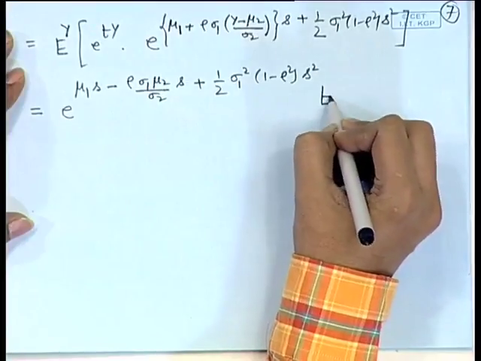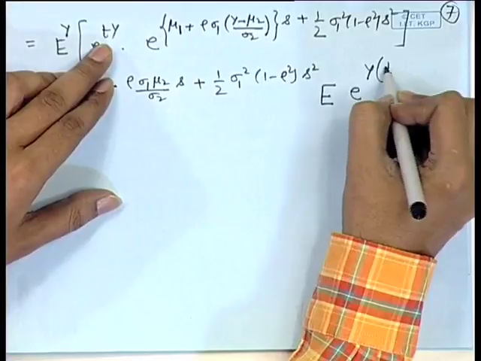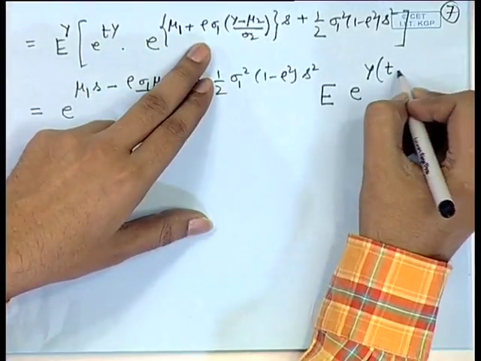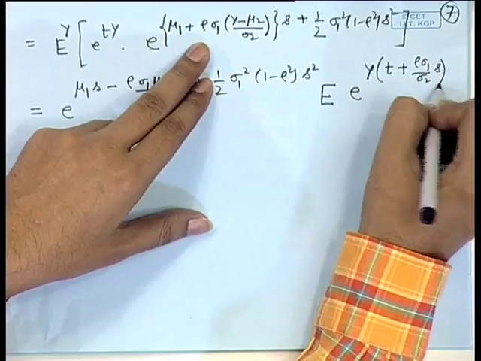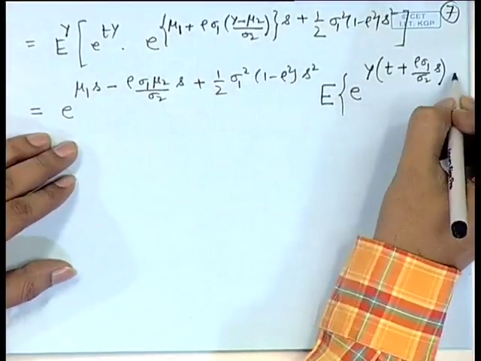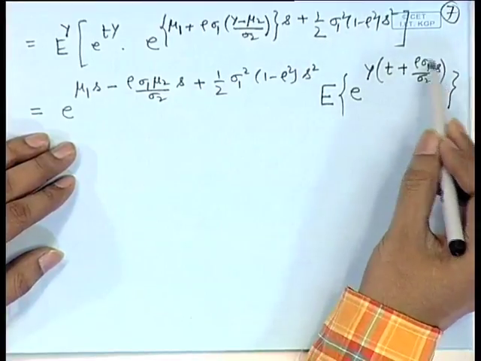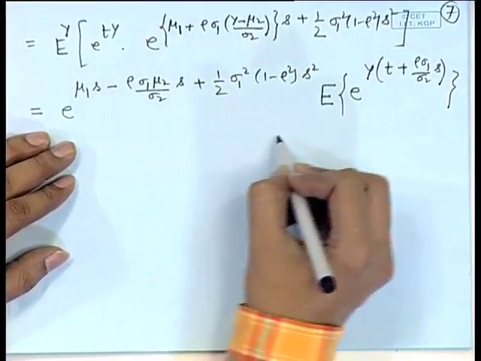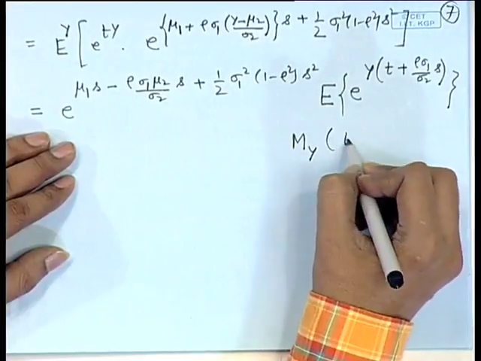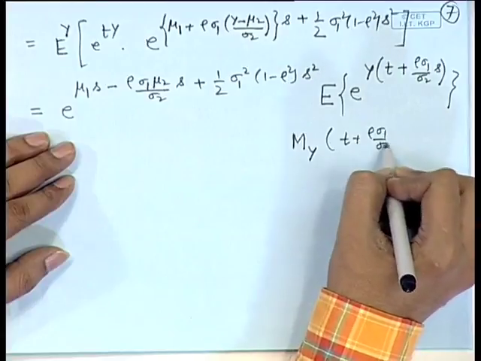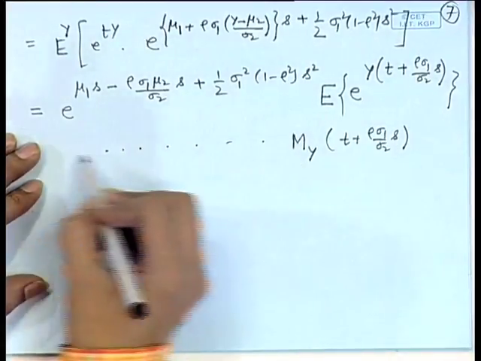We have the expectation of e to the power y times t plus rho sigma 1 by sigma 2 s. So, we notice here that this is nothing but the moment generating function of y at the point t plus rho sigma 1 by sigma 2 s. So, this term is there.